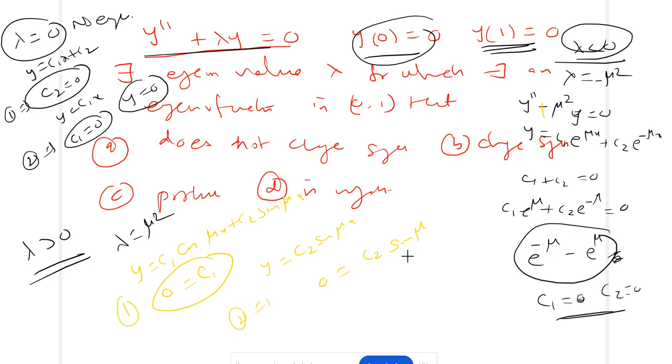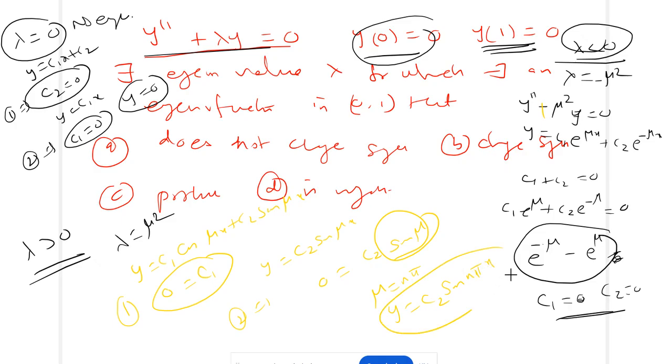So sin mu equal to 0, and mu equal to n pi, since sin n pi is 0. Then mu equal to n pi means the eigenfunction is y equal to c2 sin n pi x.